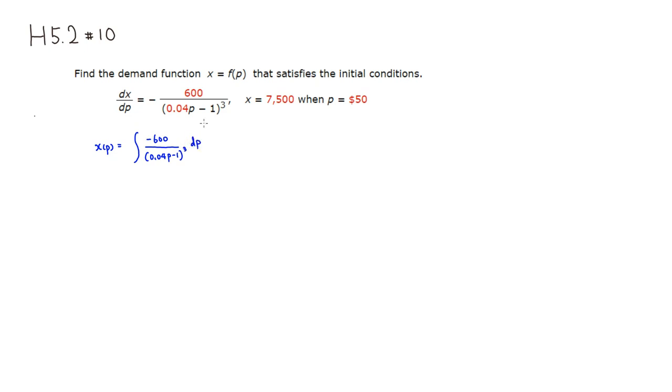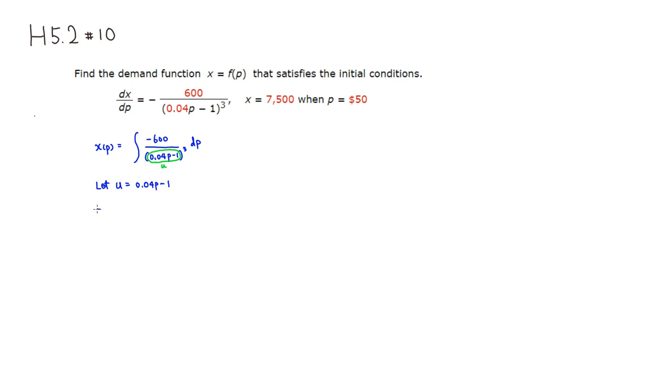Let's use a substitution. I'm going to let u be 0.04p minus 1, the expression inside the parentheses.